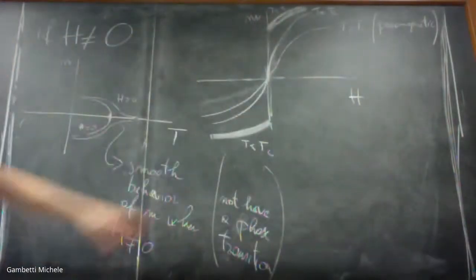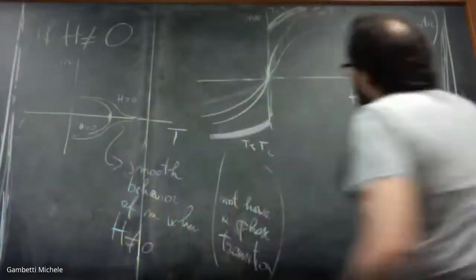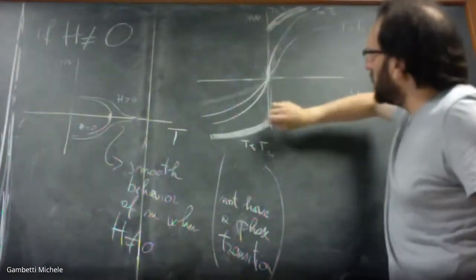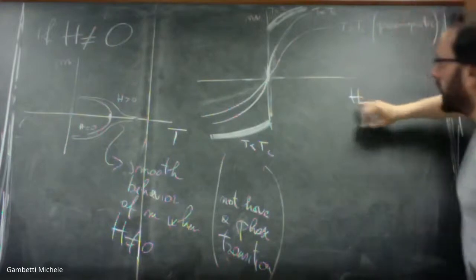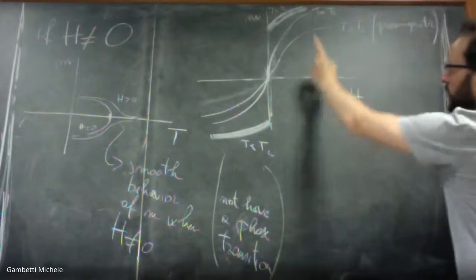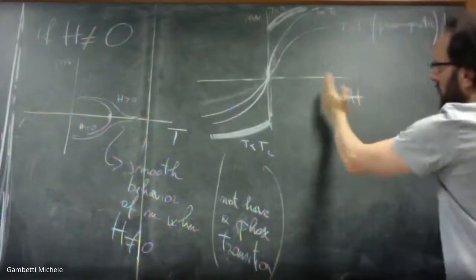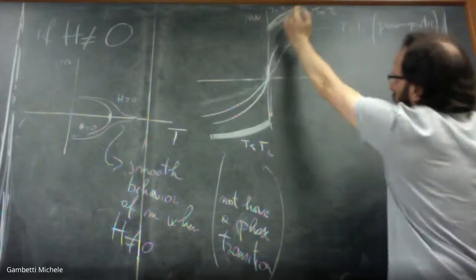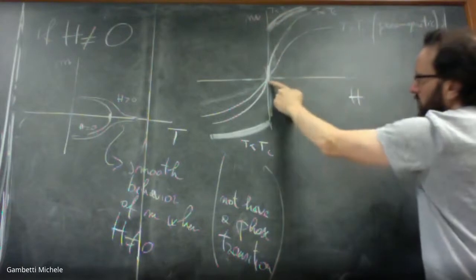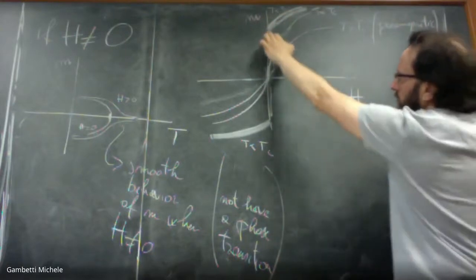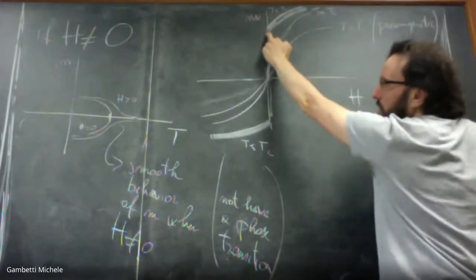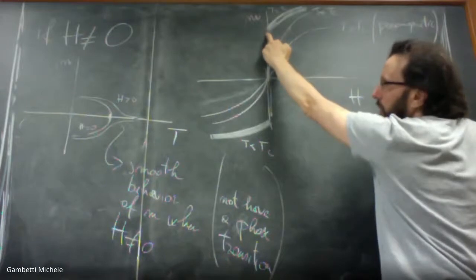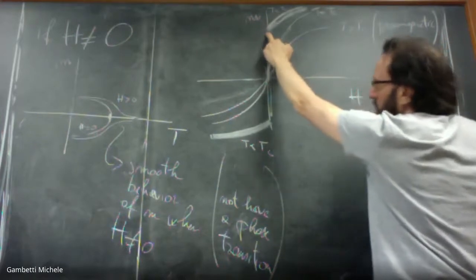Now you see that here I have a sort of jump of the magnetization when I change the magnetic field. Okay, so for T less than Tc, if the magnetic field is positive, then the magnetization follows the magnetic field. But if I switch it off, I still have a finite value of the magnetization, which is still positive.